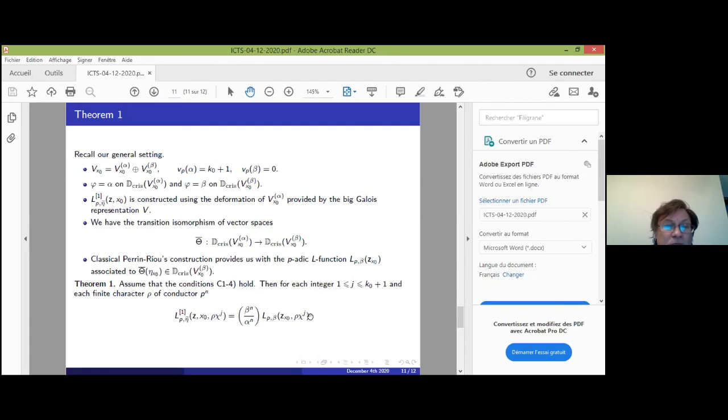This formula appears also in Belaïche's context.